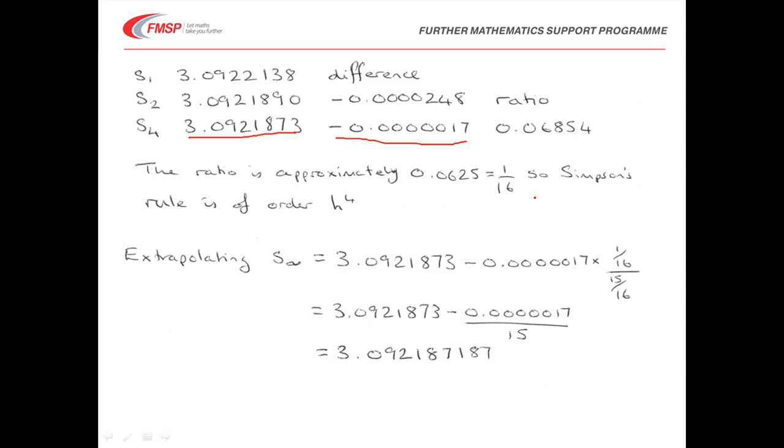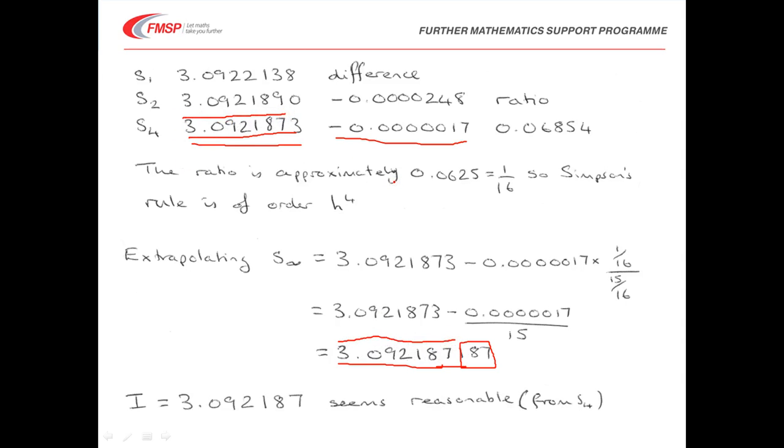Now, comparing that extrapolation to our S4 means that we can see that as we keep going, those extra figures aren't affecting the decimal places that we have on S4.